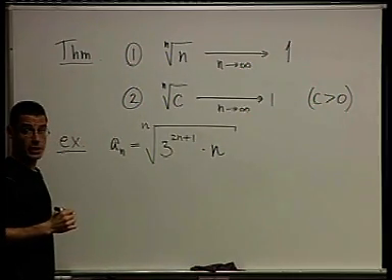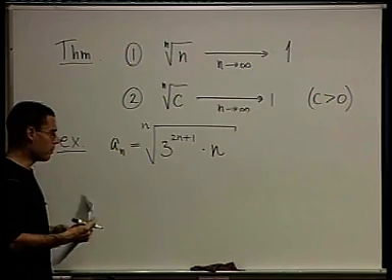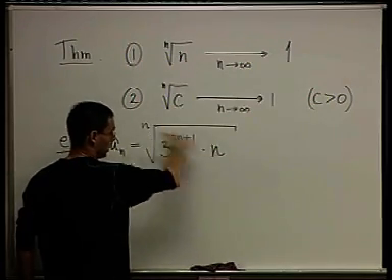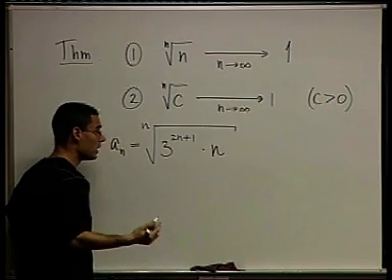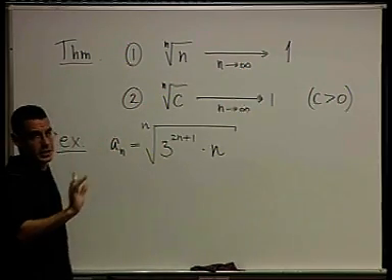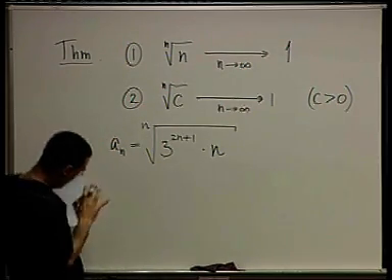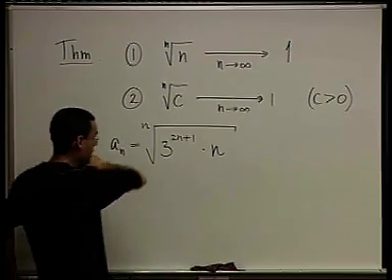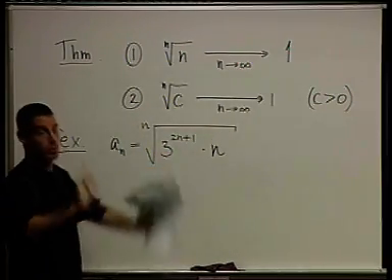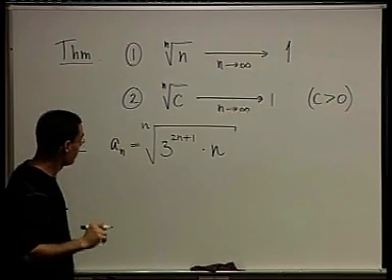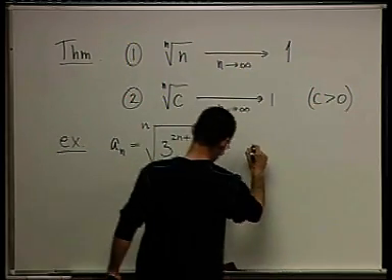What's the limit of this thing? And remember, when you have n's all over the place, I see 3 of them here, you can't just do them one at a time. You have to somehow handle this at once. The arrow n goes to infinity can only appear once. So what do you do with something like this?